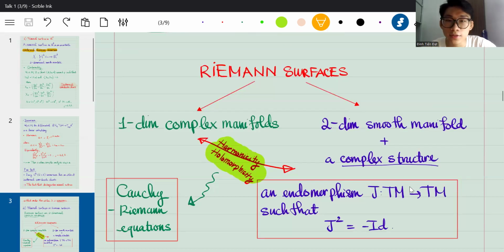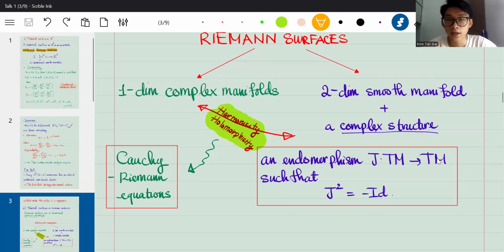And the second way is to start with a two-dimensional smooth real manifold plus a complex structure. A complex structure is an endomorphism from the tangent bundle into itself, such that J squared is equal to minus the identity. So you can easily see that this endomorphism is born to replace the complex unit I, I mean the imaginary unit I, right?